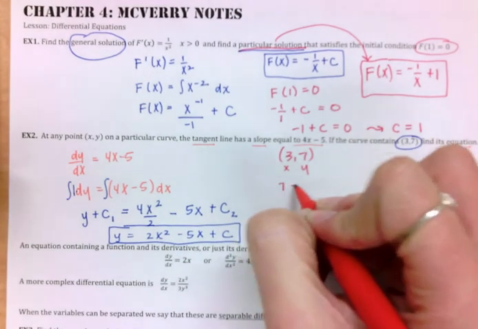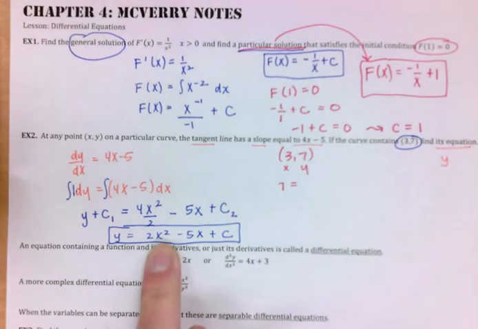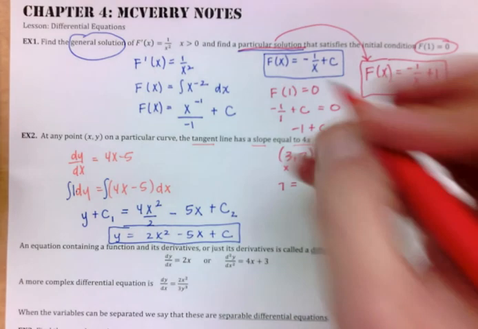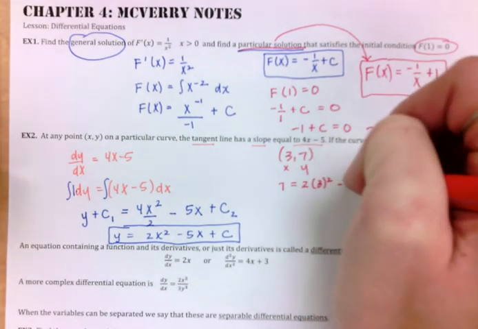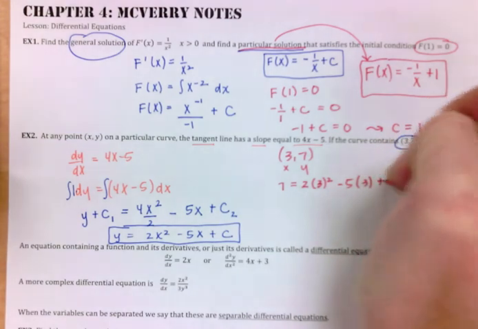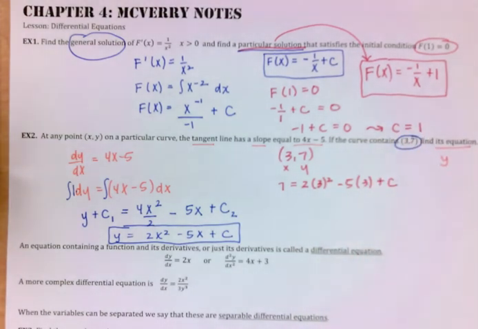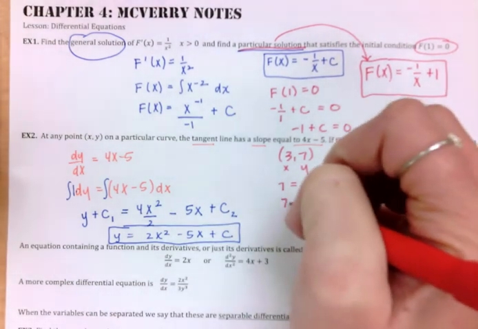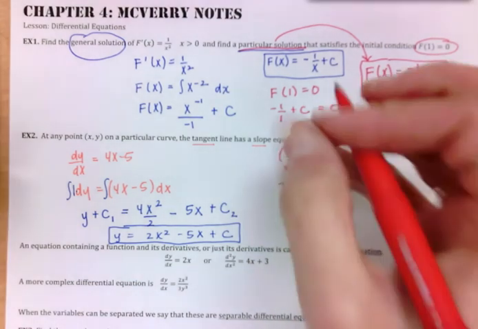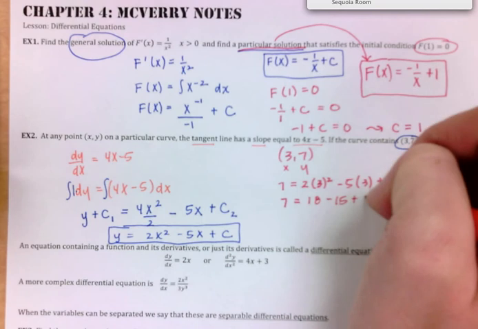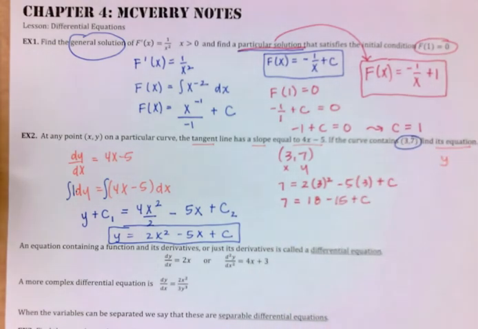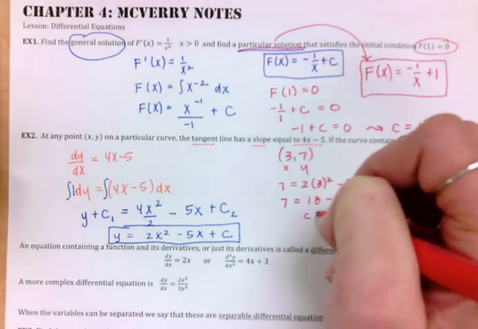So we have 7 equals 2 times x squared, so that would be 2 times 3 squared minus 5 times 3, and then plus c, which we don't know. So then we have 7 equals 2 times 9, and then minus 15 plus c. So then solving, we know that c is 4.